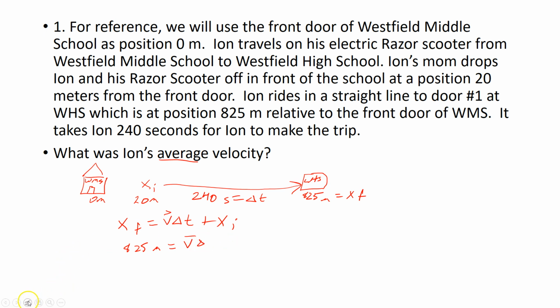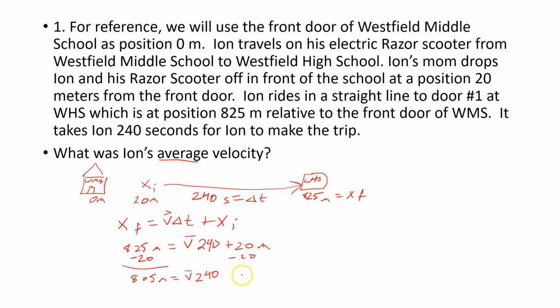Our change in time here is 240 seconds. And then we're going to add to that 20 meters. Both sides, go ahead and subtract 20. That's the first thing we need to do. So we get 805 meters is equal to the average velocity times 240.